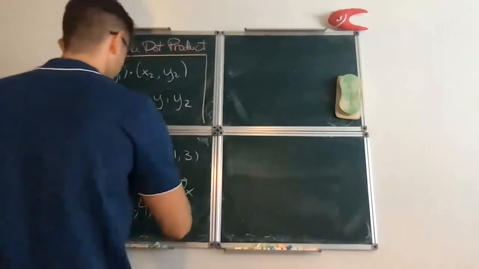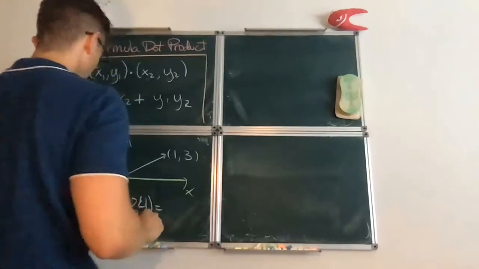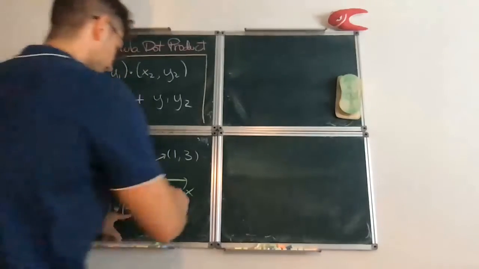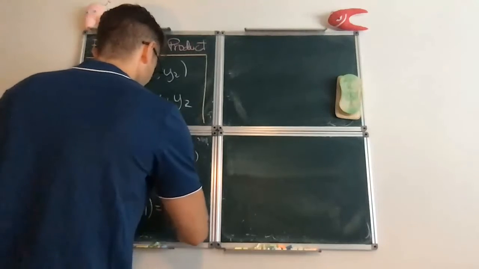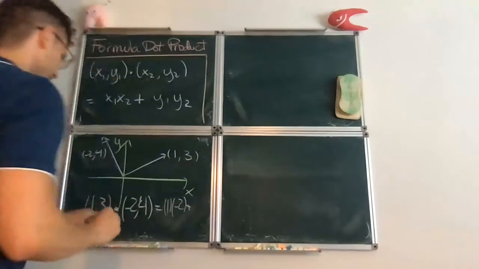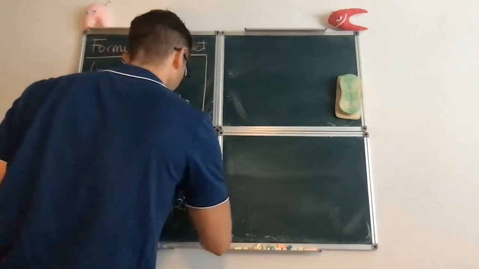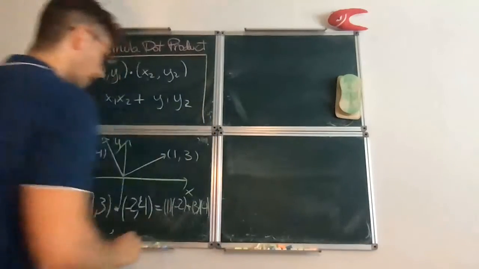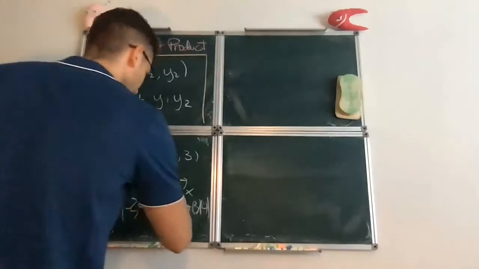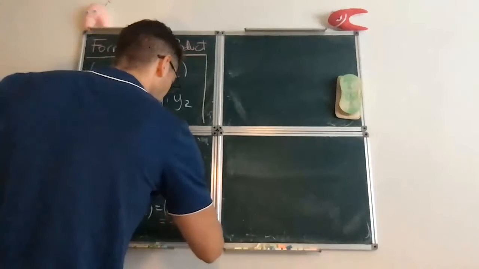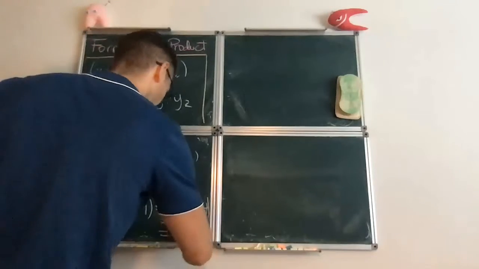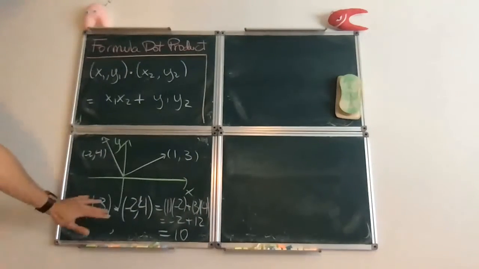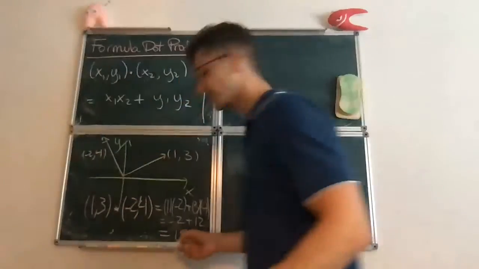as, well, this one times this one, which is 1 times -2, plus this one times this one, which is 3 times 4, and that gives you -2 plus 12, and this is 10. Okay, so this dot product is 10.